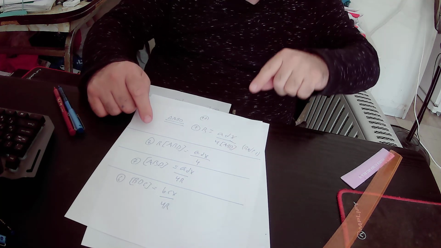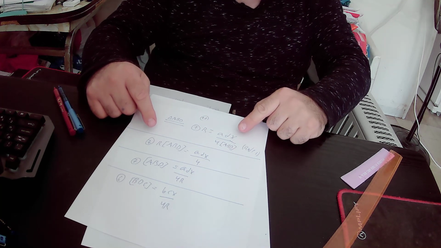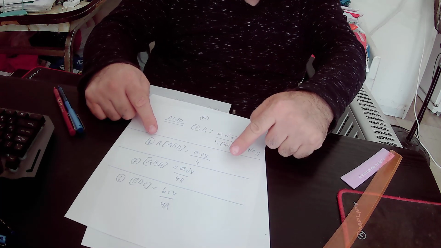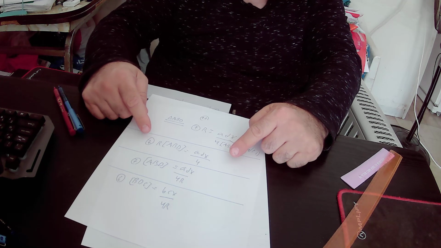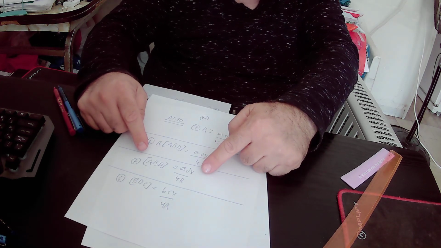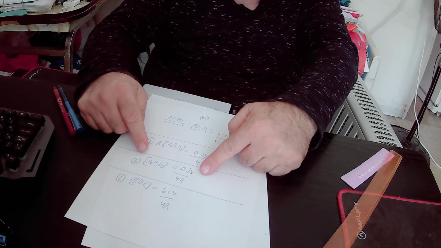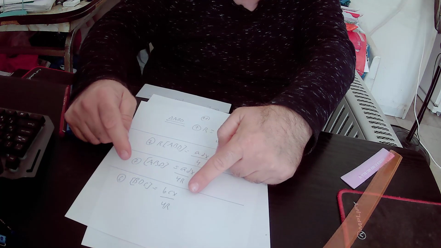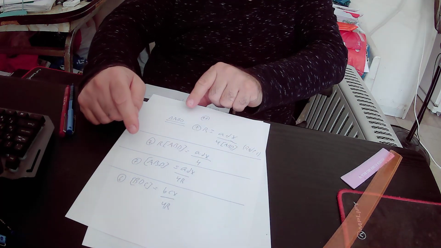We multiplied equation number 7 by the area of triangle ABD. Then we divided equation number 7 by the radius. And we got that the area of triangle ABD equals ADX over 4R. And we have already found out that the area of triangle BDC equals BCX over 4R.